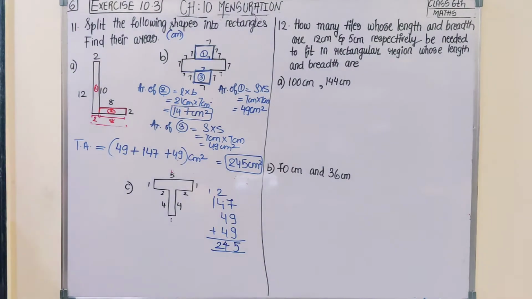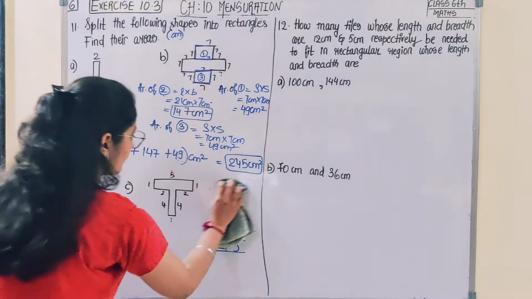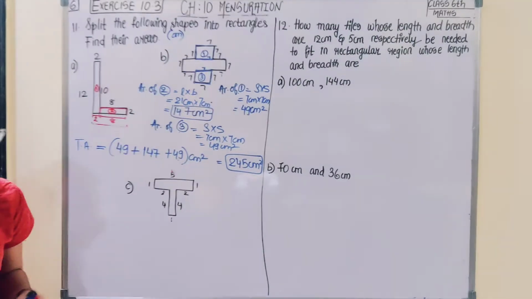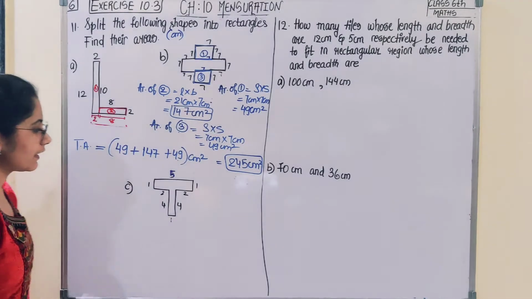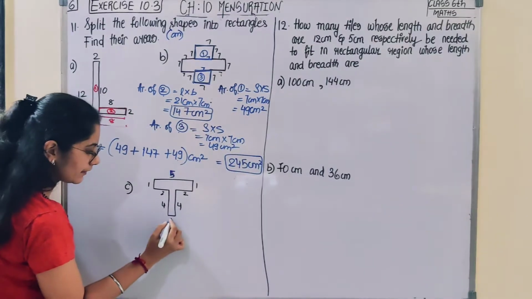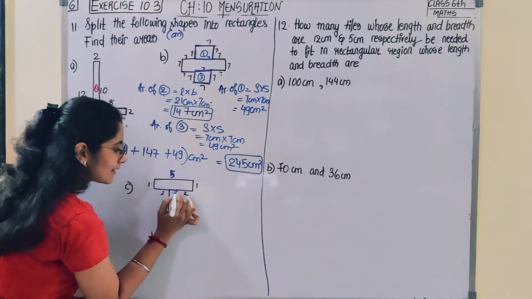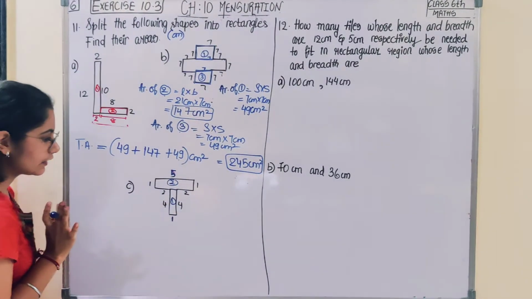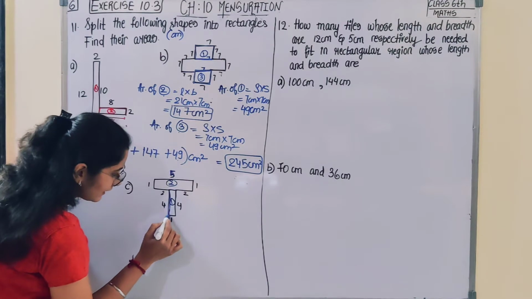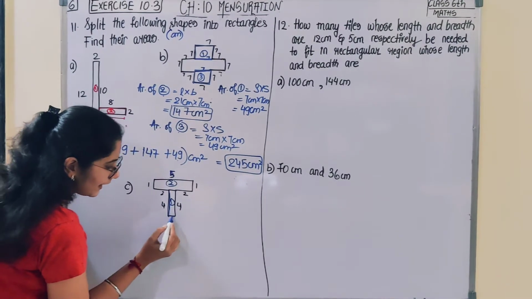Okay, moving down to the next sub question. T is given, the shape is given. We can extend this, we can convert this into 2 rectangles. Now see, the length of the first rectangle is already provided, 4, breadth is 1.